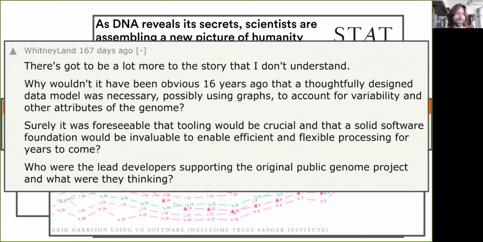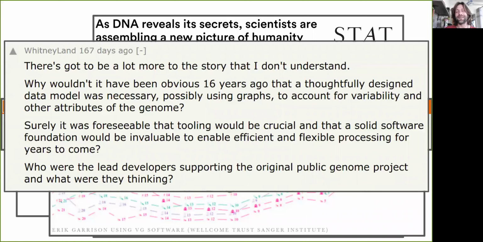But this one was really interesting to me because it made me realize that what I was working on appeared to be an obvious thing to the average clever person who came and thought about it. They're basically saying there's something we're missing, because clearly this is how you solve the problem, and people didn't get so much smarter in 15 years. So why didn't they do this from the beginning? And you know, that's just uncomfortable.